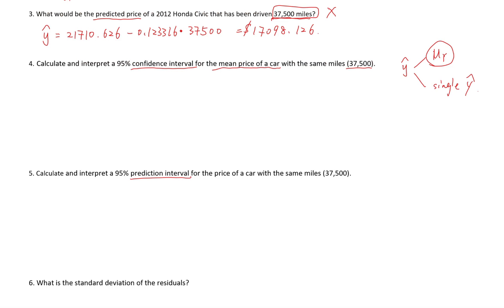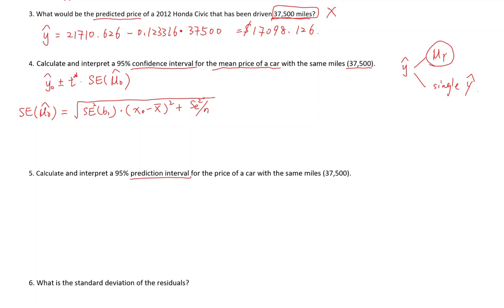So here we just write down the formula. We have y0 hat plus or minus t star times the standard error of mu 0 hat, where the standard error of mu 0 hat equals the square root of standard error of b1 squared times (x0 minus x bar) squared plus se squared over n.